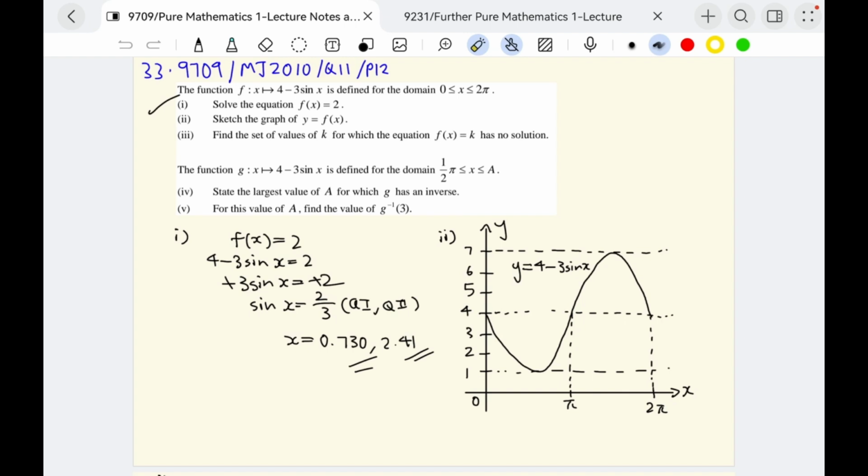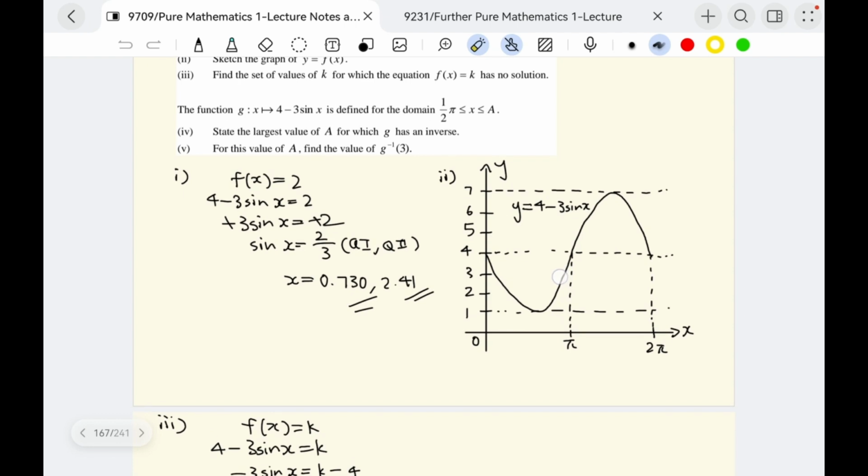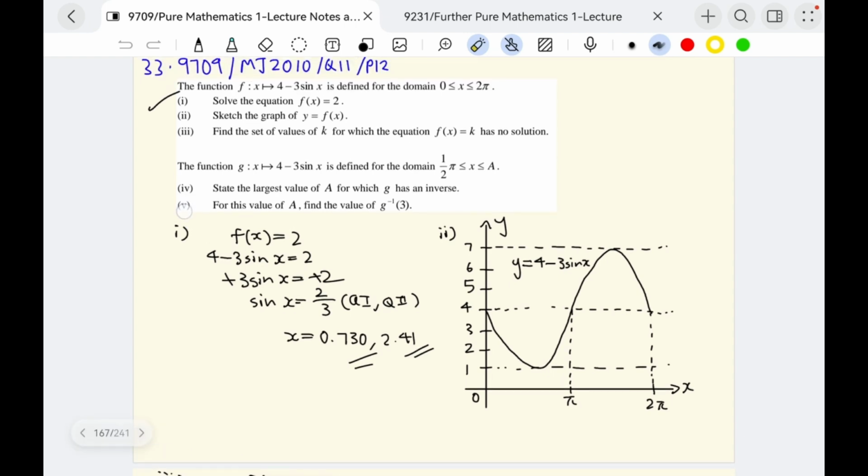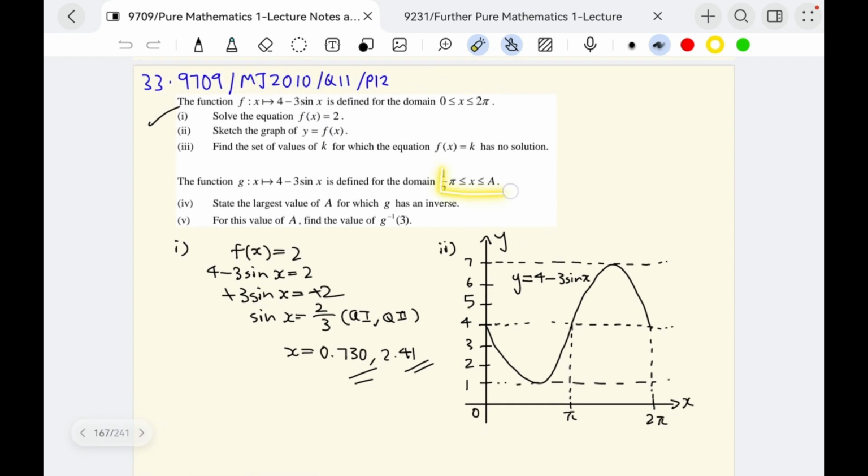Both have the same function, just with different domains. So there's a restriction of the domain, so let's restrict the domain first.